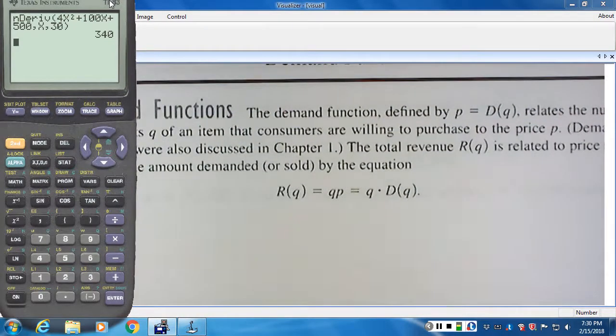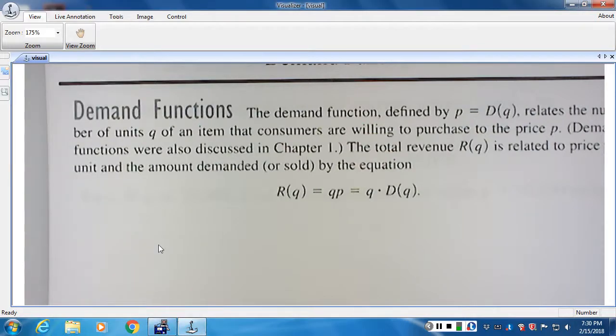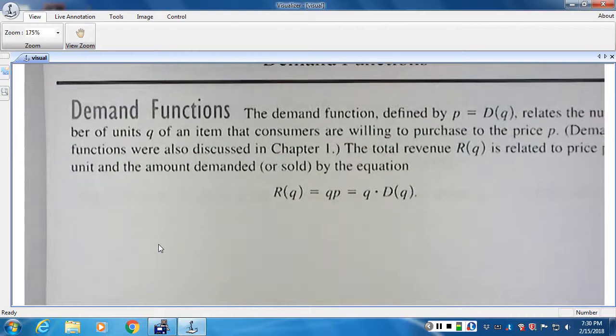Now the next thing that we're going to talk about is demand functions. And I think most of y'all at this point either have taken or are in the midst of taking economics courses, both macro and micro, one or the other or both. And demand functions, you know that the quantity of something demanded depends upon what price is being asked for it.